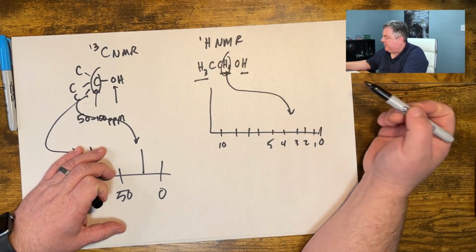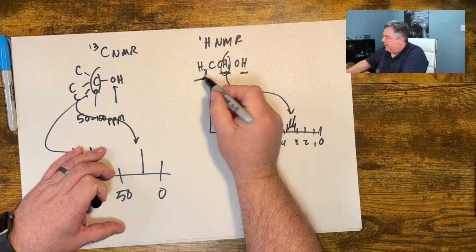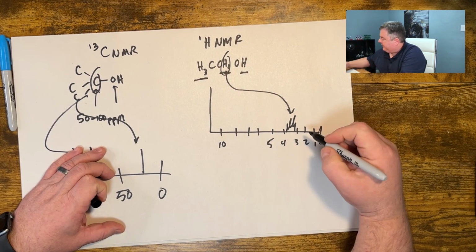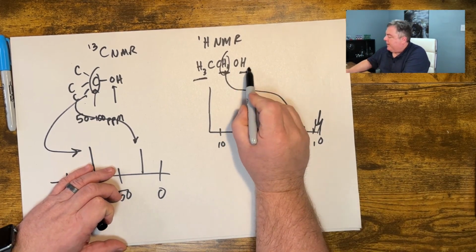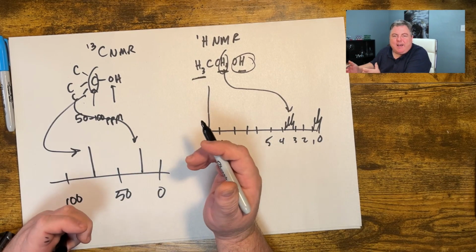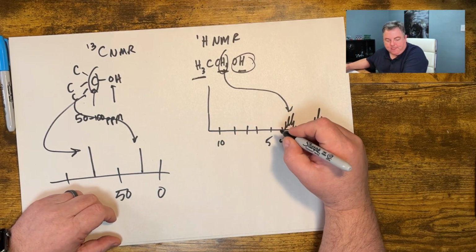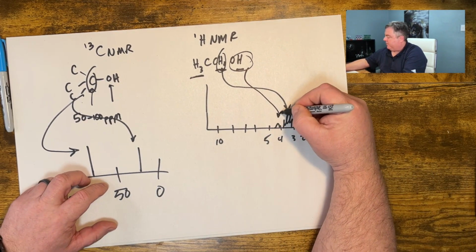So in this case, we'd have a quartet. These would be regular ones. Next to these two, they'd be a triplet somewhere around here. And the alcohol hydrogen can show up anywhere from a half to maybe 6 parts per million. And you might see just a little broad peak like that for the alcohol.